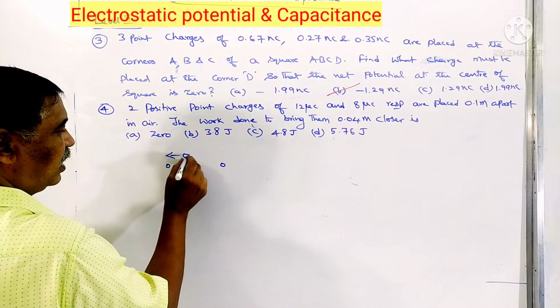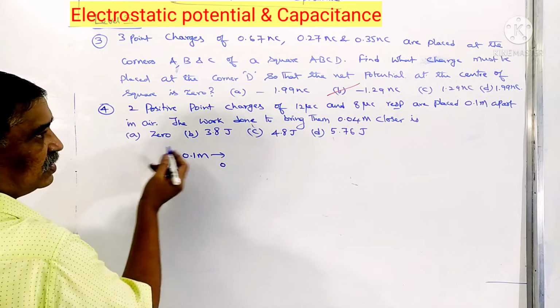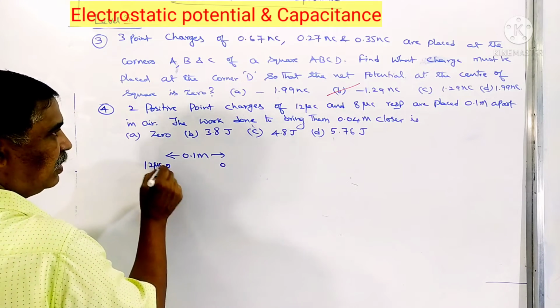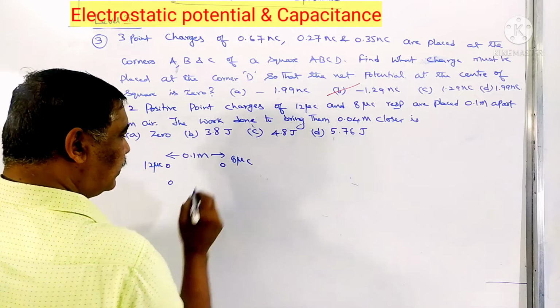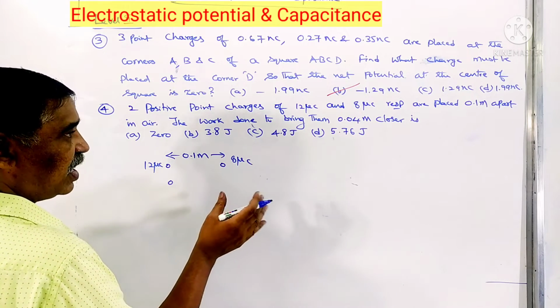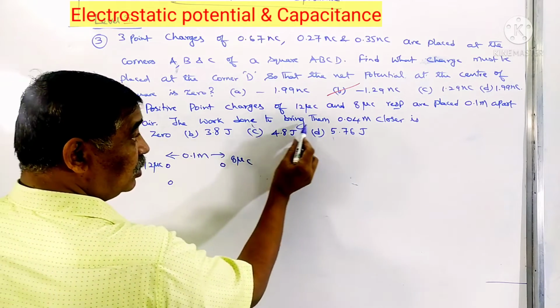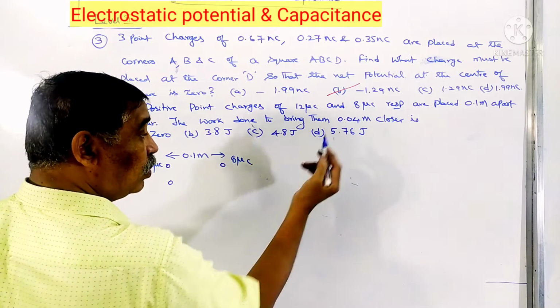Initially they are separated by 0.1 meter. Now the 2 charges, of course one charge is 12 microcoulomb, another one is 8 microcoulomb. In the next line it says they are placed at 0.06 meter. So find the work done to bring them 0.04 meter closer.